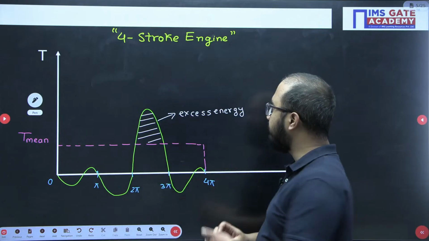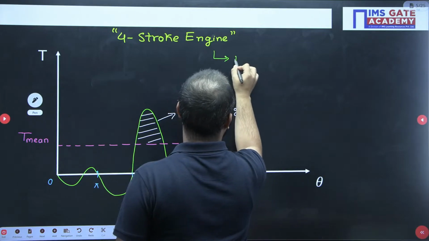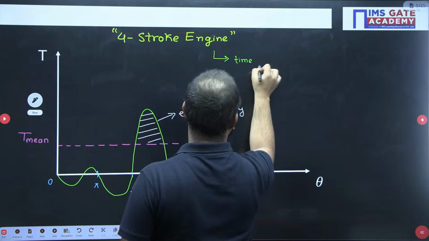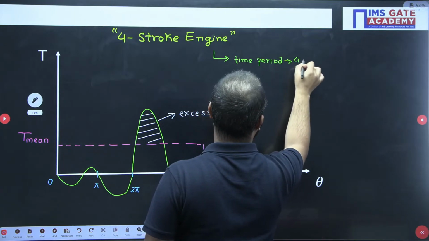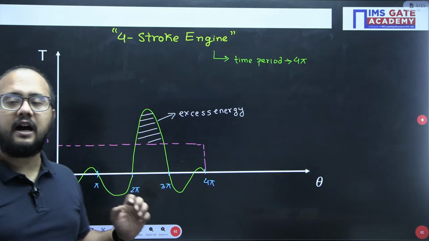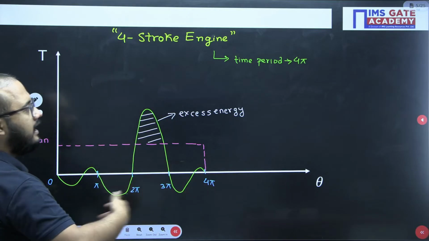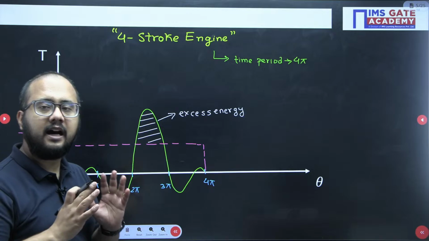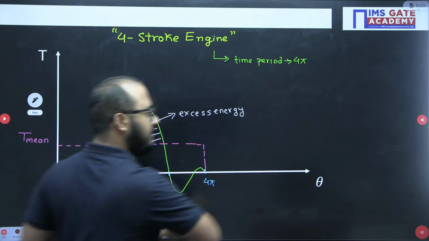This is very important, so this point also you should remember. It is the angle of crank rotation after which the cycle is going to repeat. After 4 pi the cycle repeats, because the entire 4-stroke completes within this cycle, and after this a new cycle will repeat.